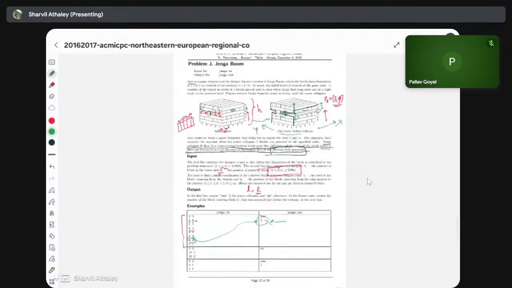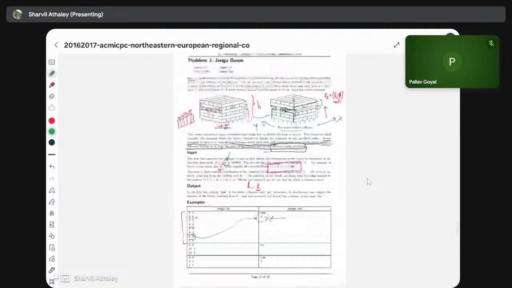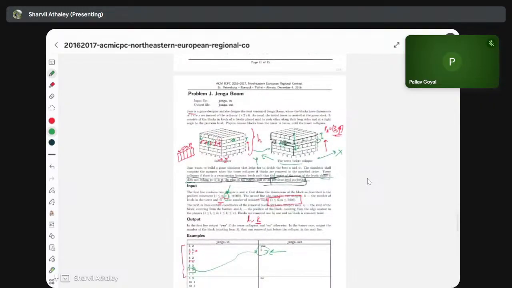And W, the width, is irrelevant here. It is not required. So this was more or less this problem. Yeah, so we'll move on to the next problem.